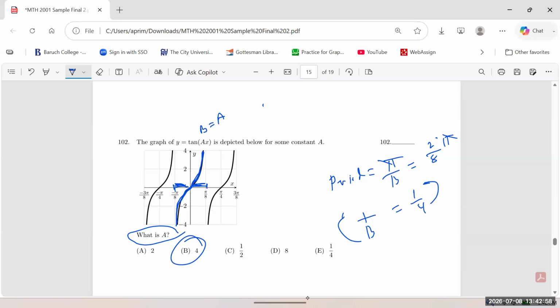This is 1/8 and this is 1/8, so total we have 2/8 of the pi. So one period is 2/8 of the pi, but what's the period formula for tangent? 1 pi over b. For sine and cosine it's 2 pi over b, but for tangent it's only 1 pi over b. So then what is b? 4. And here b is a, which is what they're looking for.